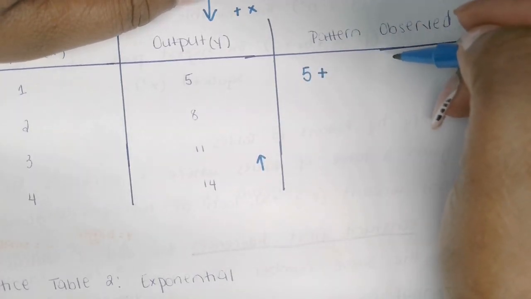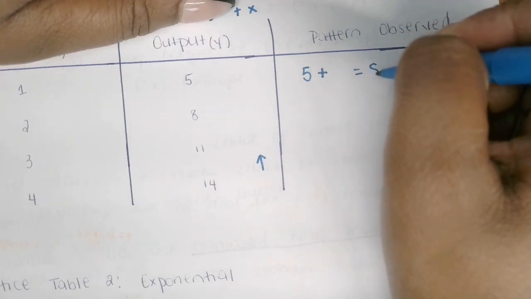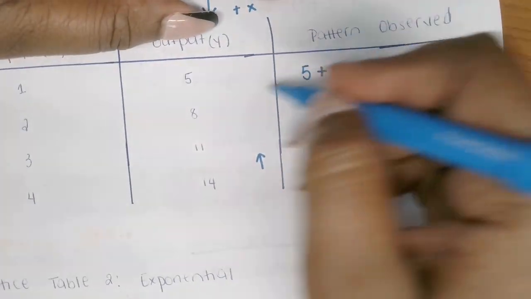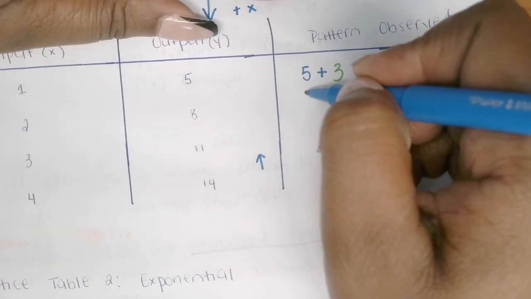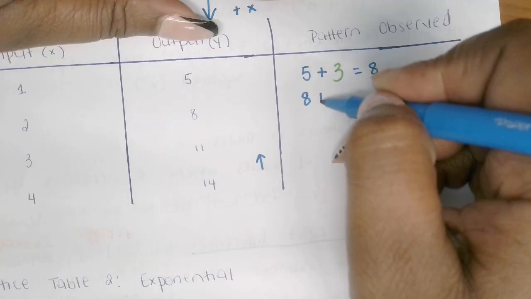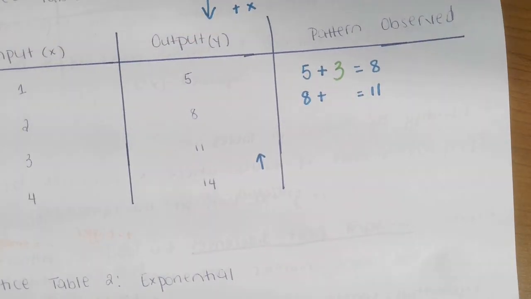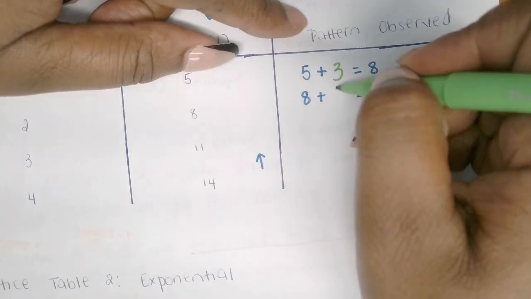What can I add to 5 to get 8? I would suggest 3 is the number you can add. Then we realize that we get 8. Then we say 8 plus what will give us 11? So we say 9, 10, 11, 3 again.